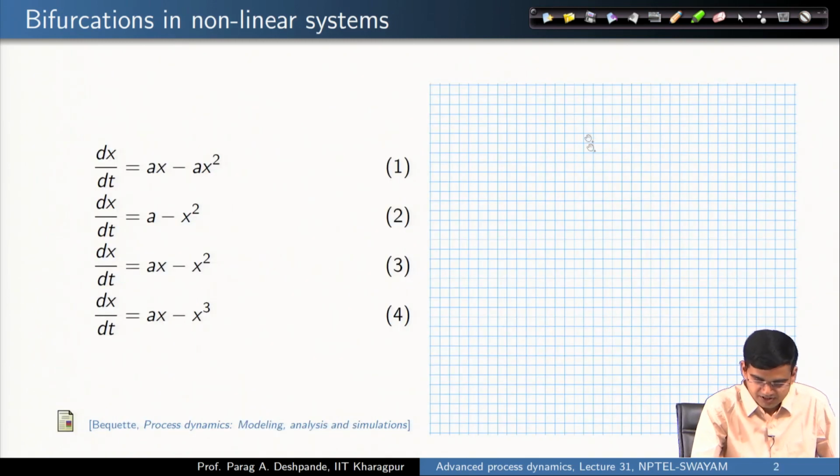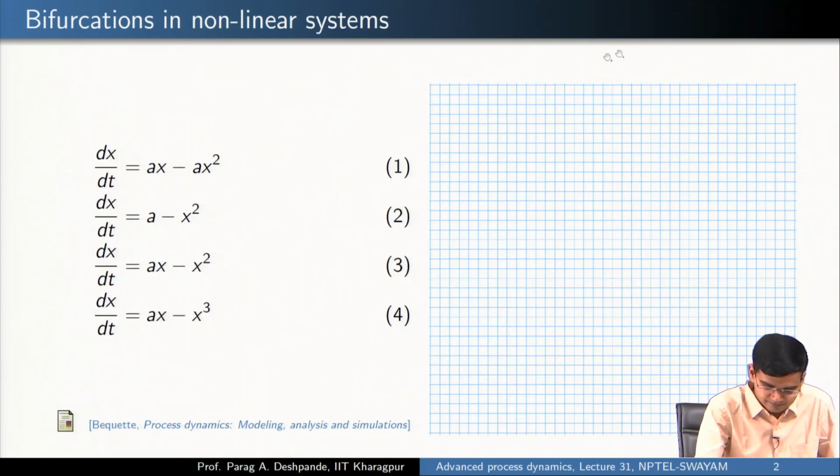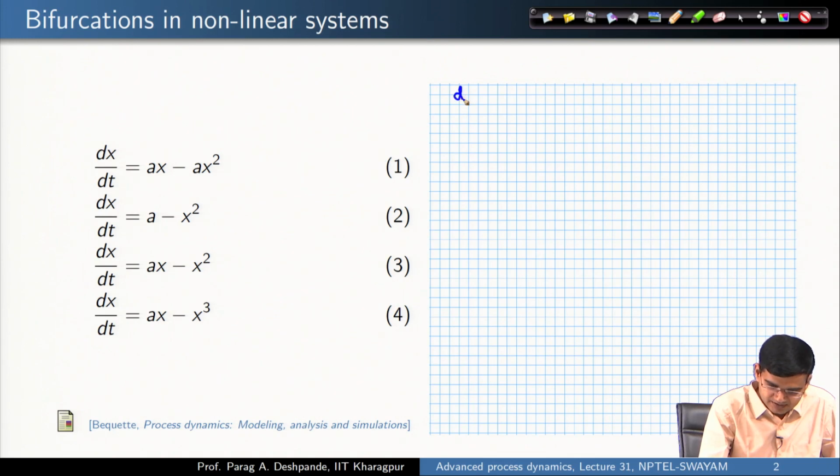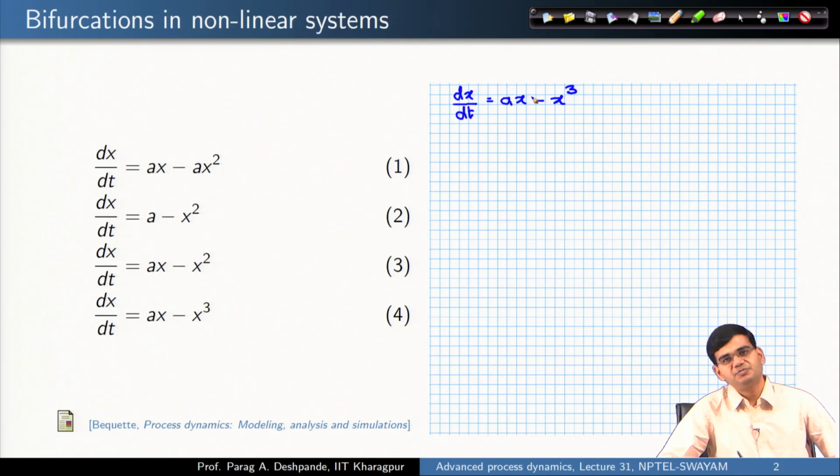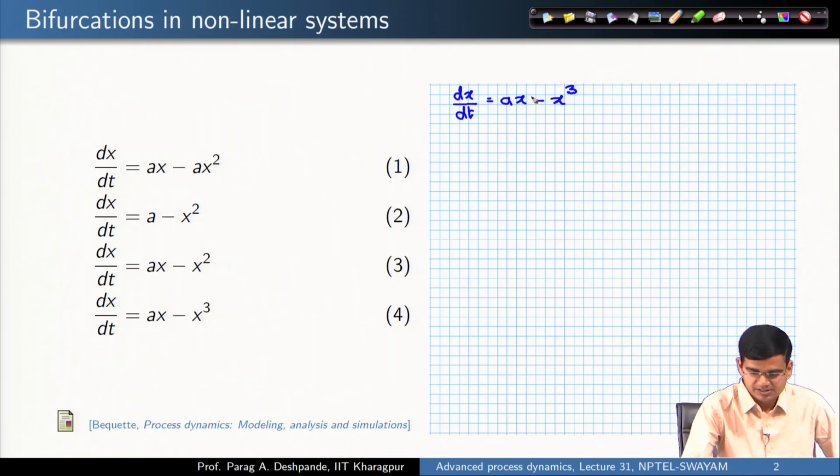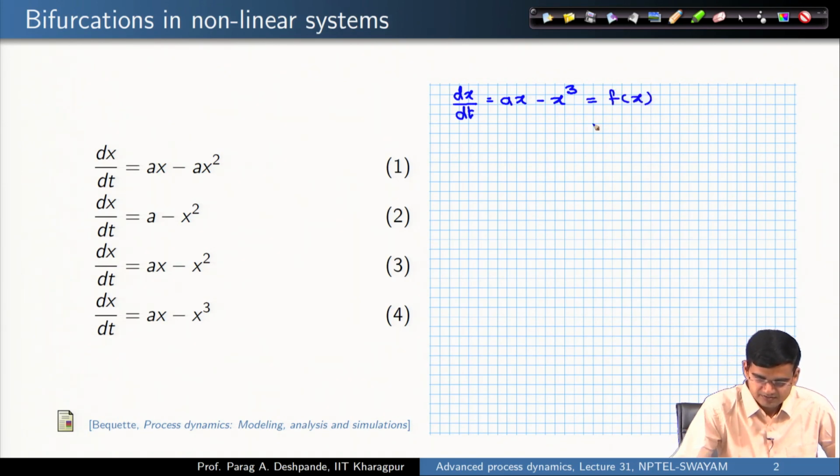So, the equation now is dx by dt is equal to a x minus x cubed. Now, this is a cubic equation. So, therefore, you may expect 3 equilibrium solutions. Let us see. So, let us assign this as f of x.